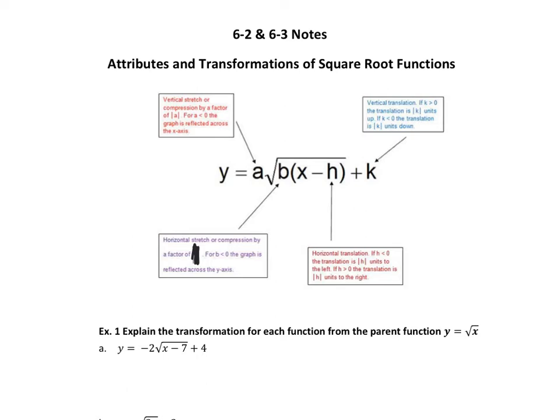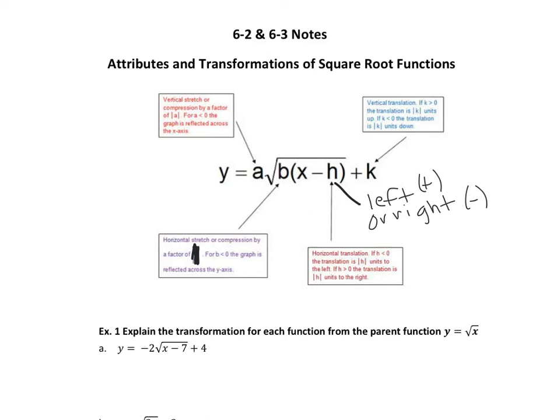And then we've got a horizontal translation. H is going to be when you are moving left or right. And remember, left is when we have a positive, right is when we have a negative. It's opposite of what you would think.